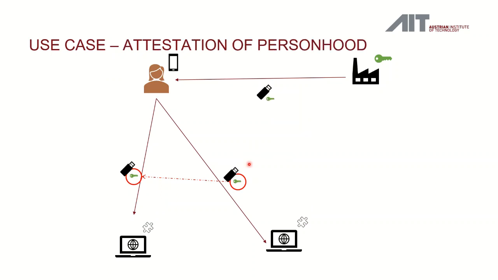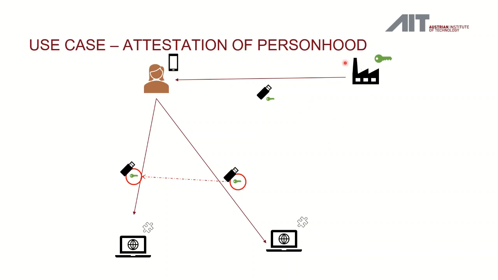Another example is the one of cryptographic attestation of personhood. So we are all used to solving CAPTCHAs every now and then when visiting a website in order to prove that we are human. One of the major cloud services now introduced the idea of using cryptographic attestation of personhood instead of solving CAPTCHAs in order to save time. And the idea there is the following.